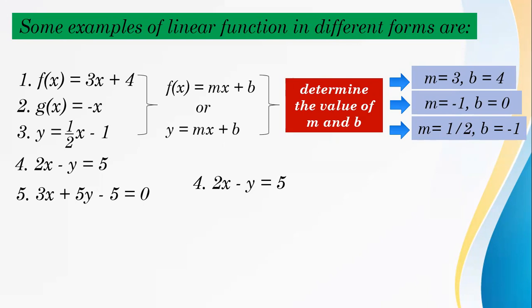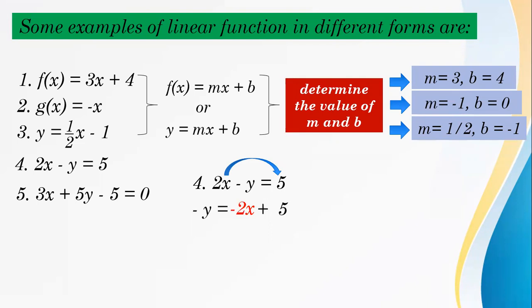So number 4, we have 2x minus y equals 5. If you still remember how to rewrite the standard form to slope-intercept form, the linear equation in two variables, all you have to do is transpose 2x and isolate the y on the left side. If you transpose positive 2x, it becomes negative 2x.